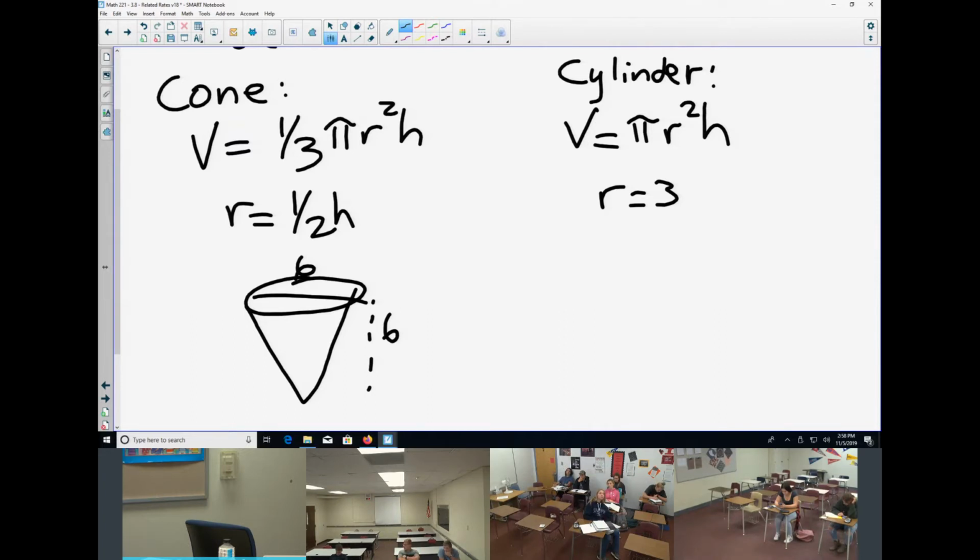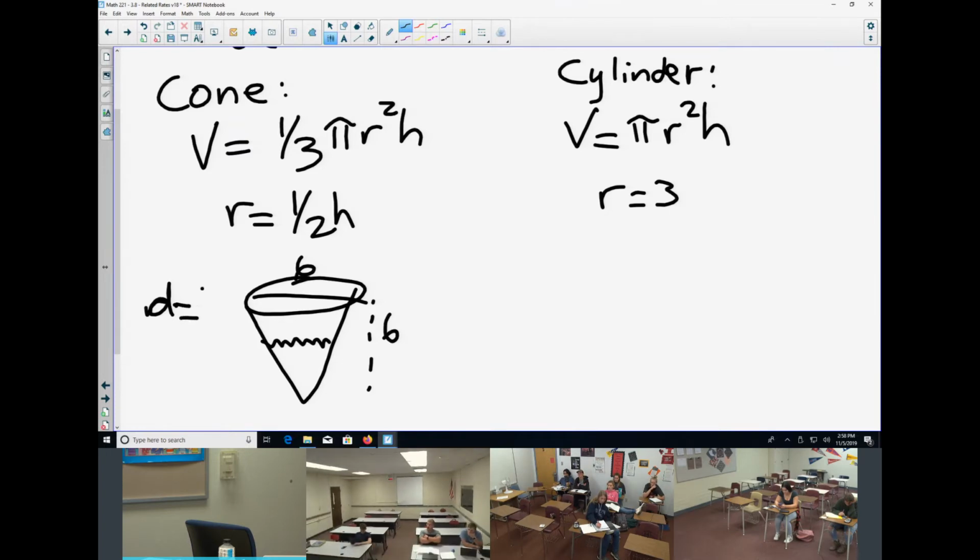So then that means, when it's at any level right here, like if this is 3, then this would be 3. So the diameter across of whatever the surface is going to be equal to the height at any point. So that means the radius is going to be half of the height.